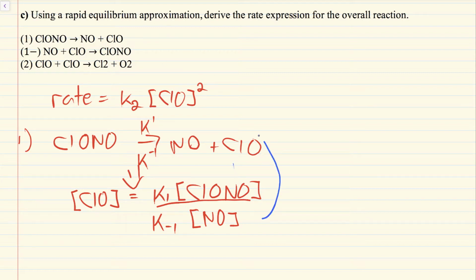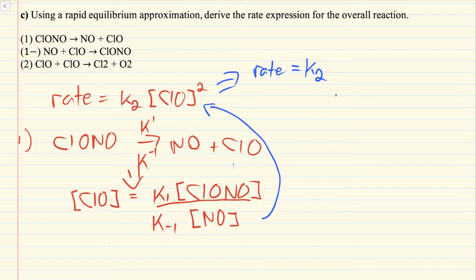So plugging this equation into our overall rate expression, we get that our rate is equal to K2 multiplied by, well, we know that ClO is equal to this large expression here. So actually take away these brackets.